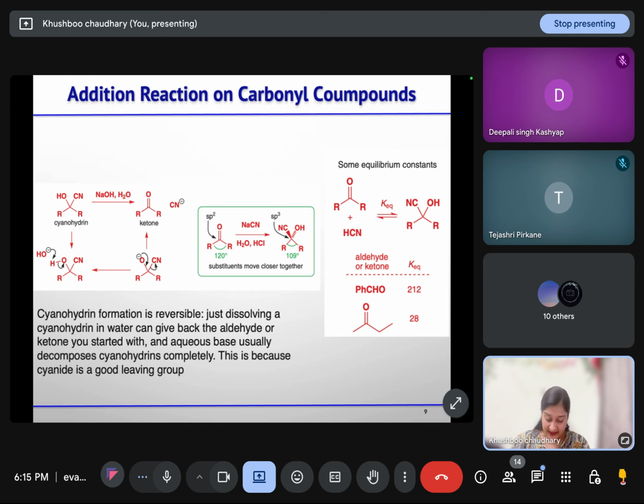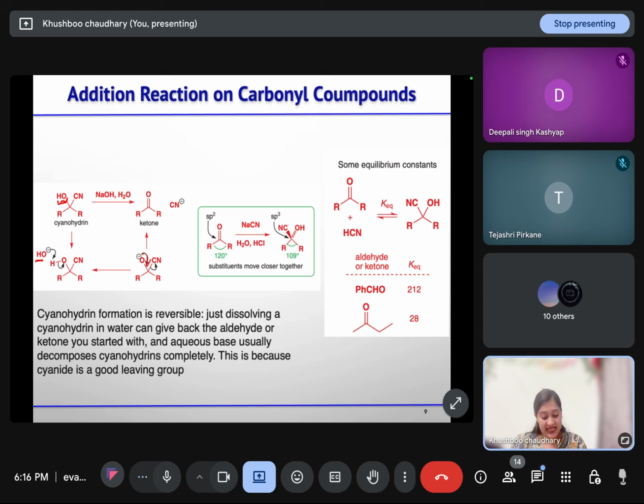Now, after the formation of cyanohydrin, if we treat it with water in the presence of some base, the base can abstract the proton of the hydroxyl group, and then electrons will shift to oxygen, and the oxygen negative will remove the cyanide by using its lone pair to form the pi bond.